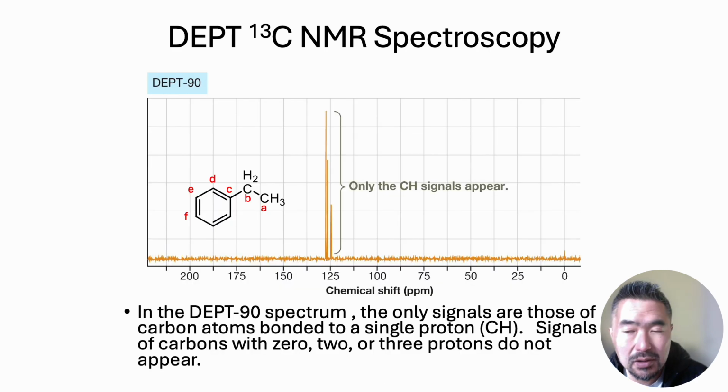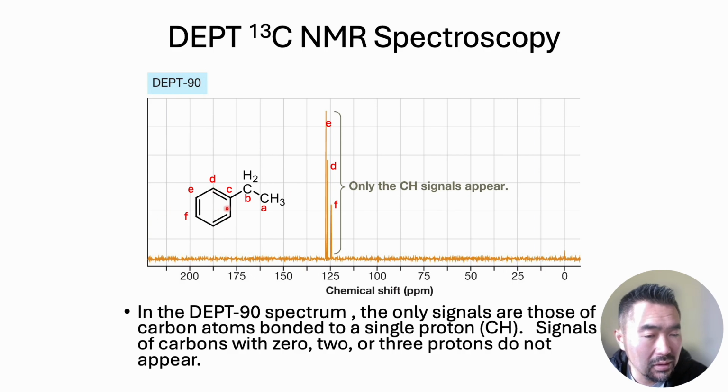But here's the DEPT90 spectrum. Notice there's only 3 carbon signals for this same molecule because it only shows methines. There's 1, 2, 3 methine carbon signals that we should see, right? And so we only have 3 signals here, D, E, and F. Now, I'm not really sure why there's a height difference between E and D. Both of these are 2 carbons for 1 signal each, because of the symmetry.